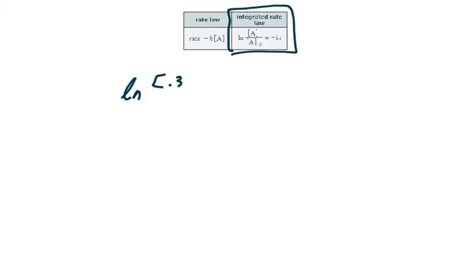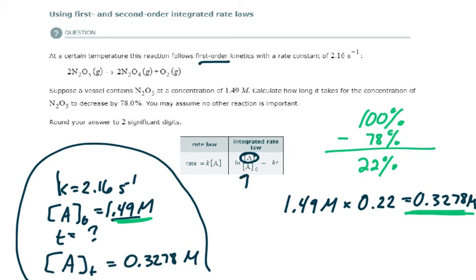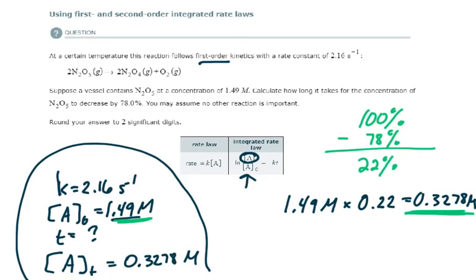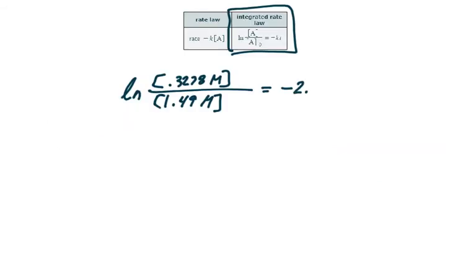So 0.3278 over initial, 1.49, is equal to negative k, 2.16, times t. Okay?